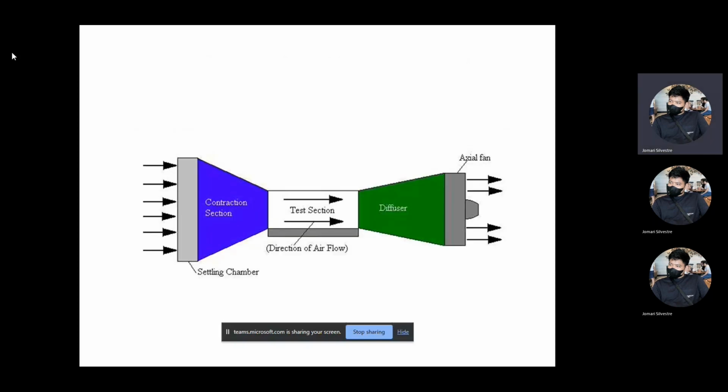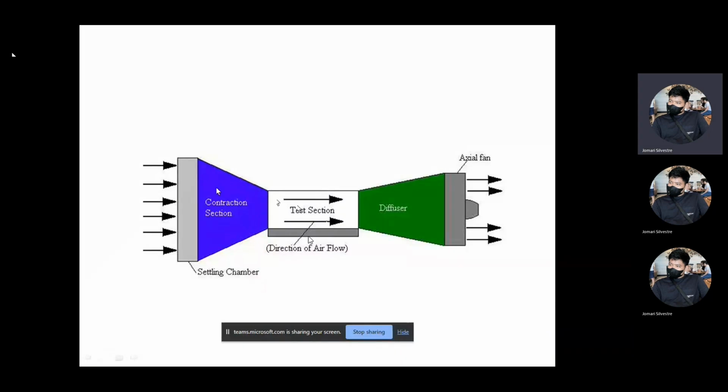And ayan po yung setting chamber. Ito sa dulo, dito sa arrow. Dito po yung setting chamber. Then the contraction cone, the contraction section, ito, yung kulay blue. Then, the next step is the test section.